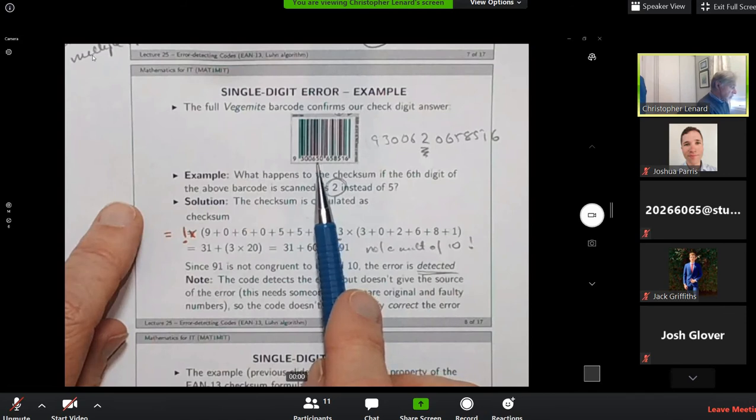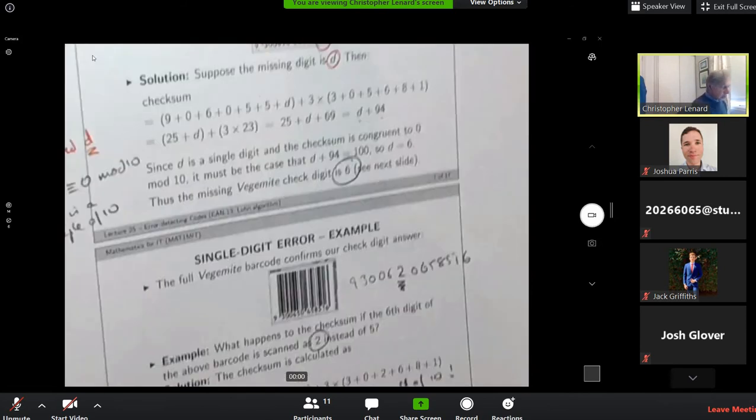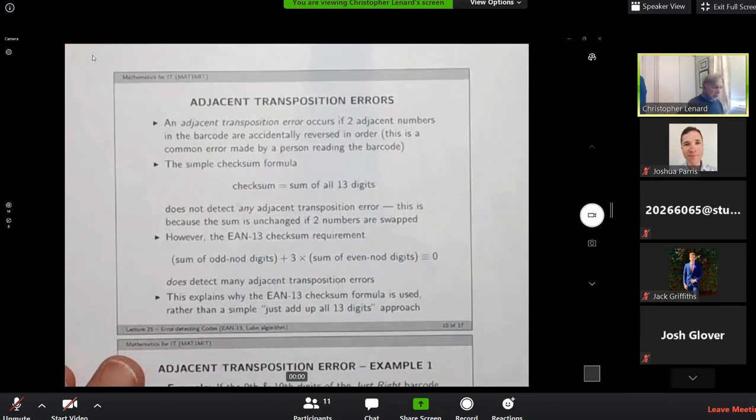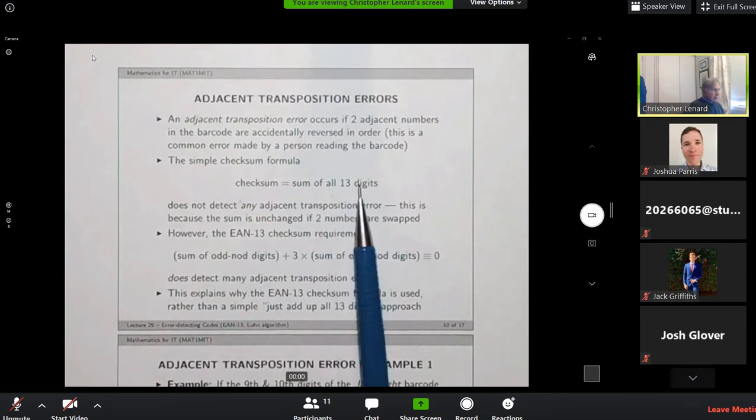transposition. So suppose instead of writing 650, we got 605, or instead of 16 at the end, you wrote 61. That sort of transposition also gets picked up with that more complicated formula, which the simple sum of all the 13 digits wouldn't pick up. A simple sum of all 13 digits picks up a change in one digit, but it doesn't pick up any transposition errors.